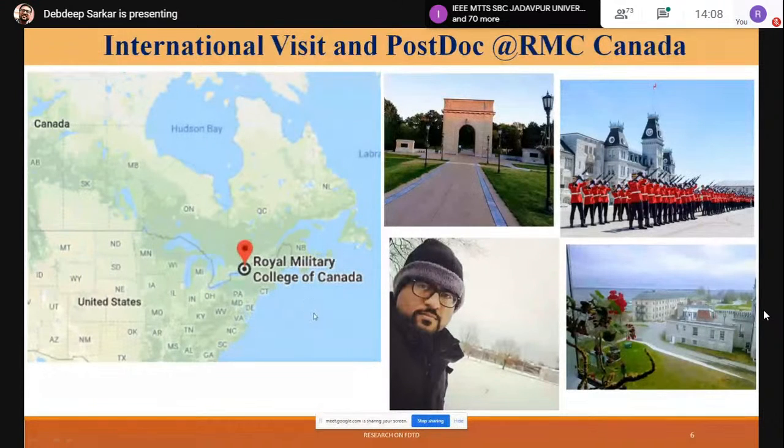The Royal Military College is located near the border of the United States and Canada, in a small city known as Kingston. At this time of the year, you will probably see snow, and the temperature is quite sub-zero. These are some of the pictures that I took there.